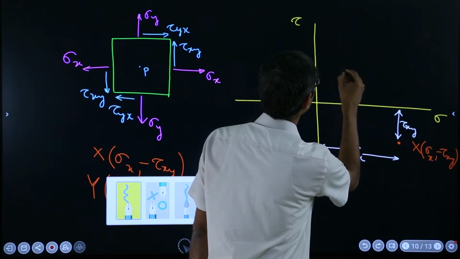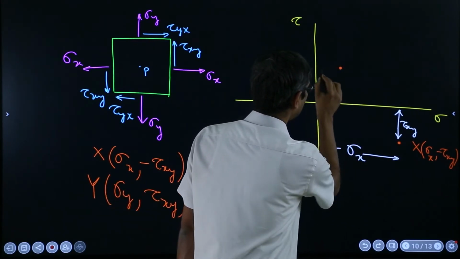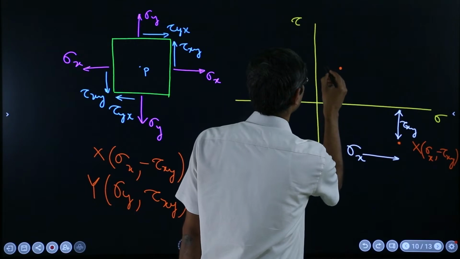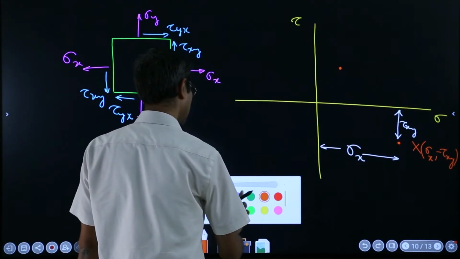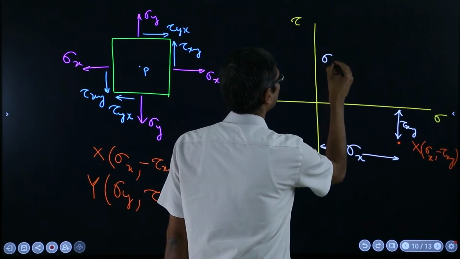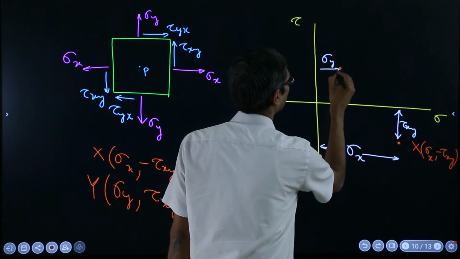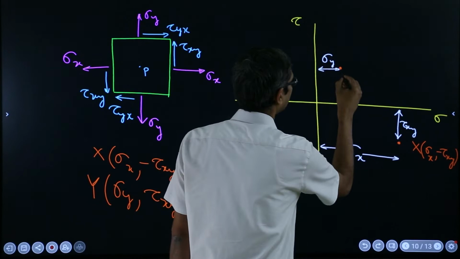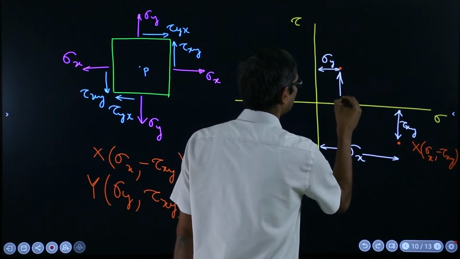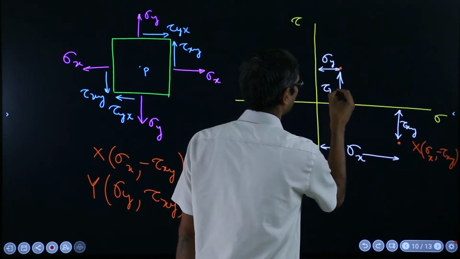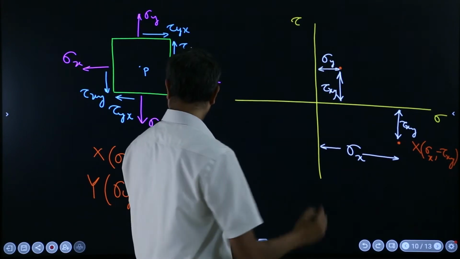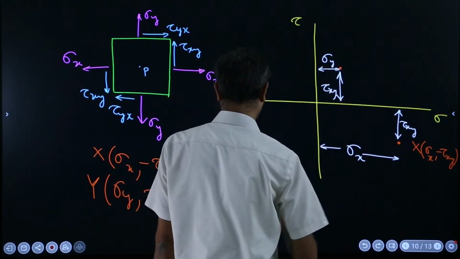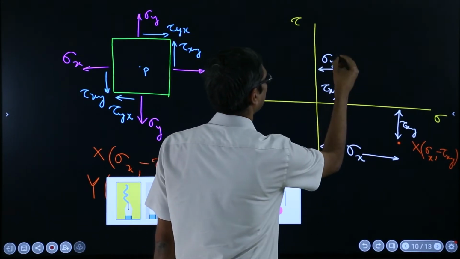The sigma y is this distance, and this height is again tau xy. So, this point is your y.